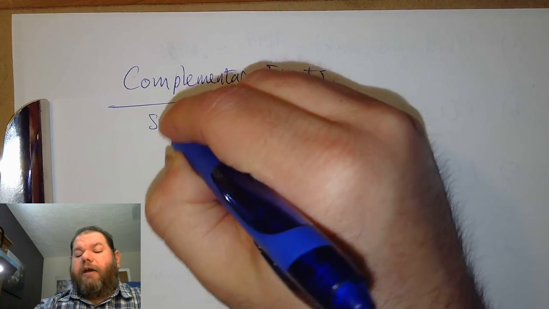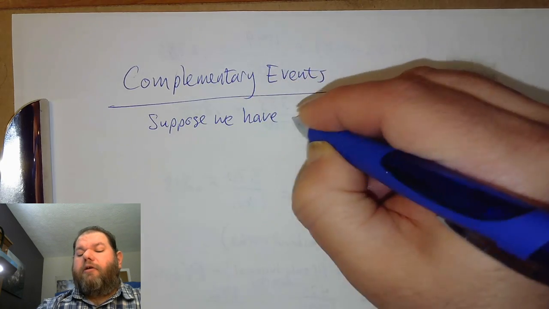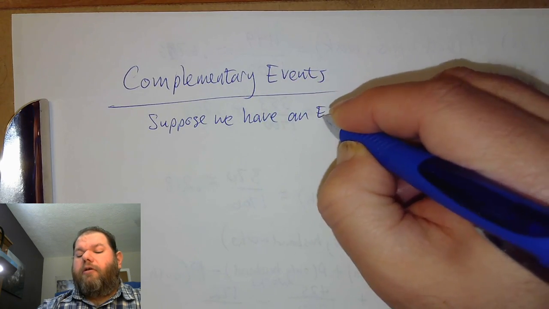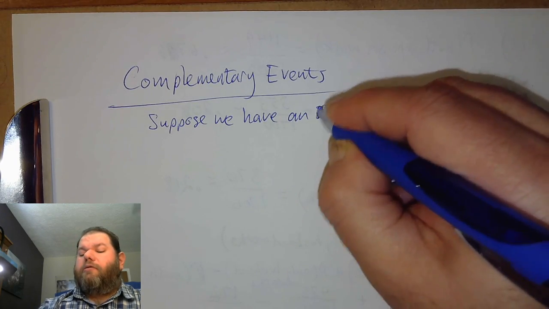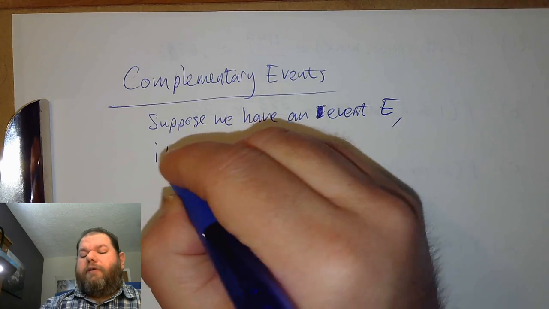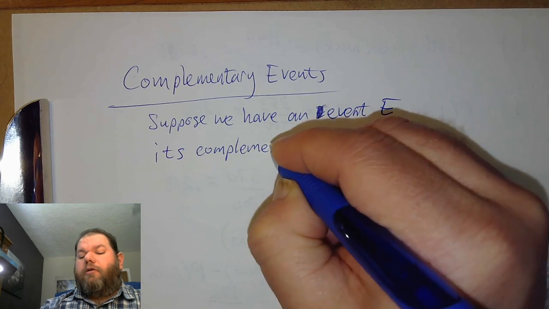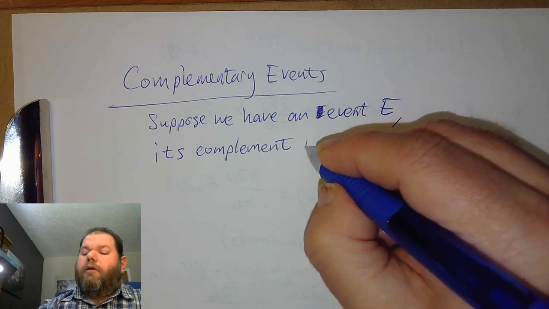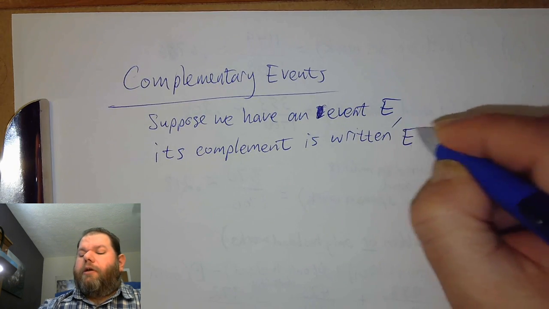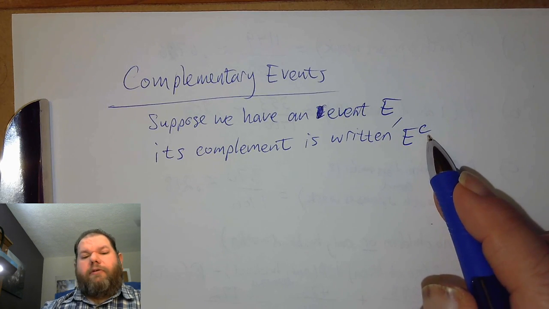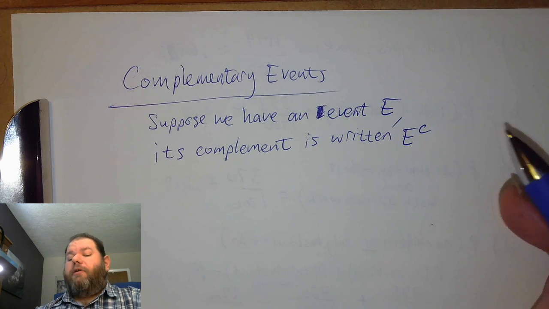So suppose we have an event E. Its complement is written E complement. So we'll put a little C up here to show that we're looking at the complement of the original event.